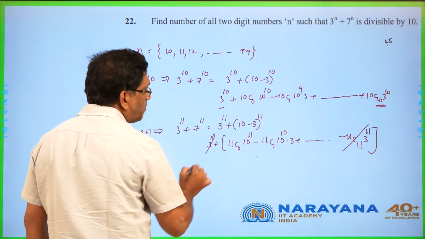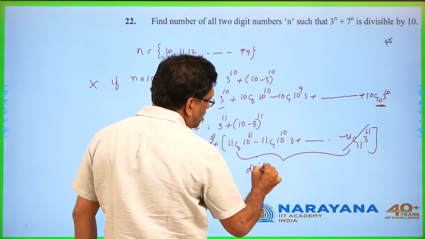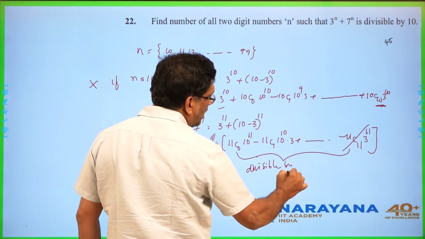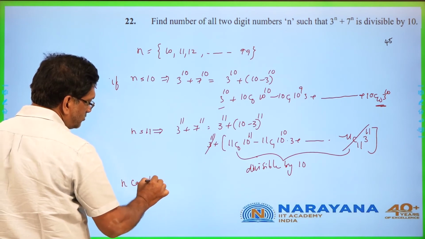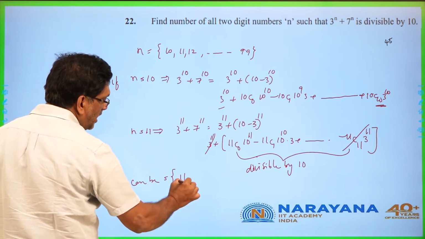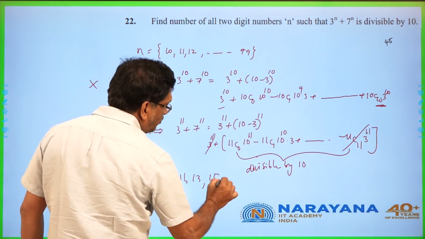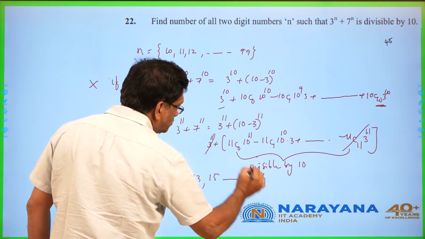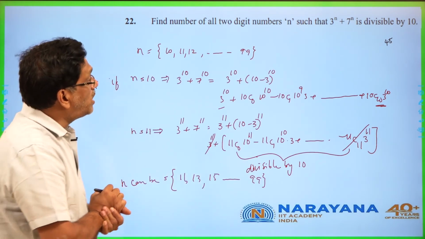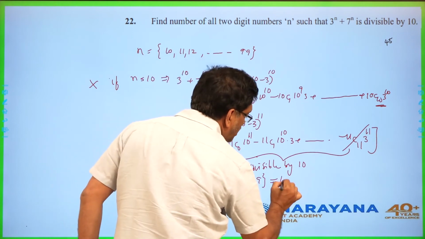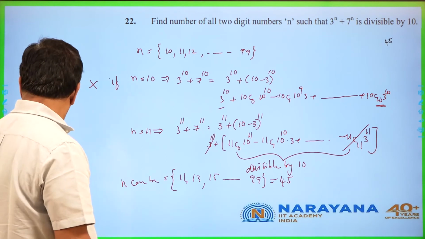We can cancel, right? All the remaining terms are divisible by 10. Hence n can be 11, 13, 15, all odd. So 2-digit odd numbers from 11 to 99 are 45 in number. Okay? Let us go to the next question.